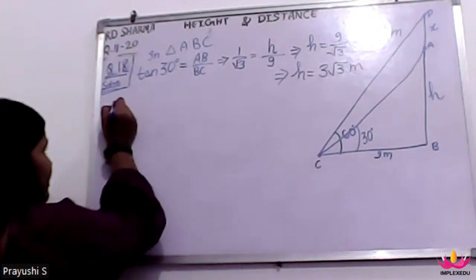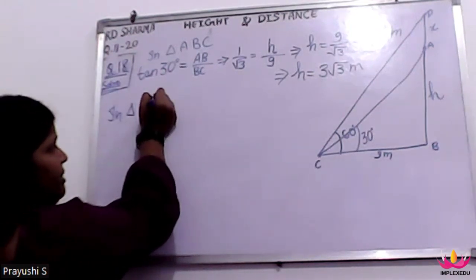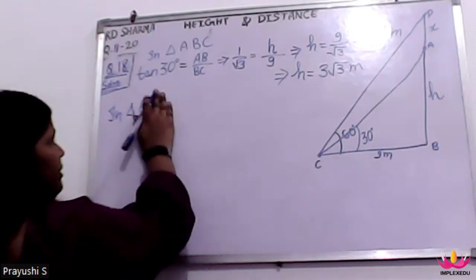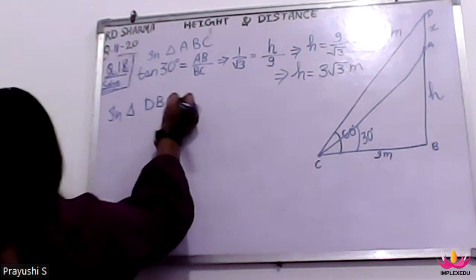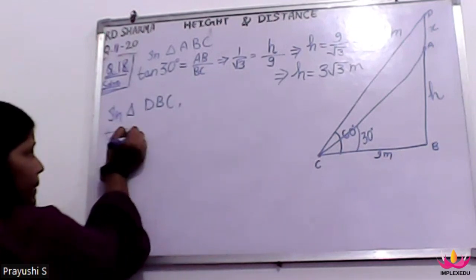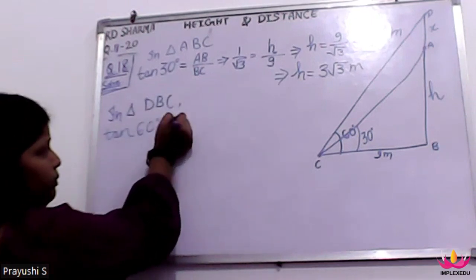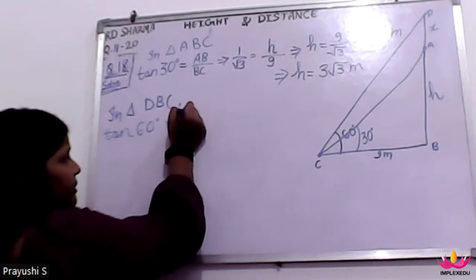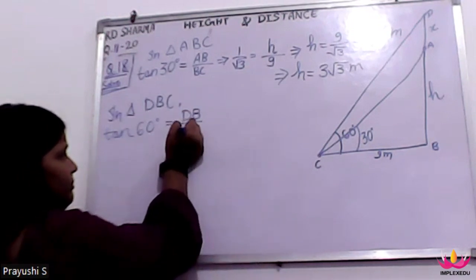Now in triangle, sorry, in triangle DBC, we will have tan 60 degrees equal to DB upon BC.